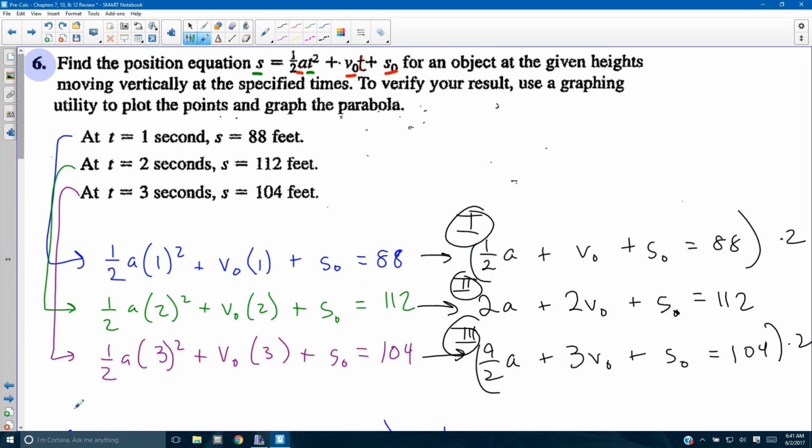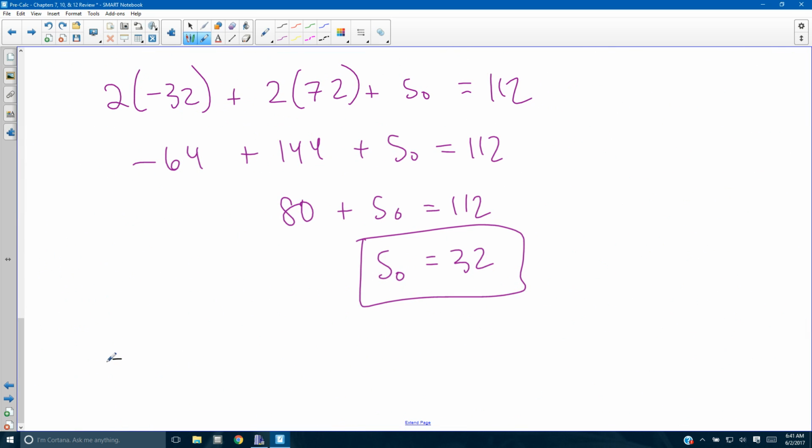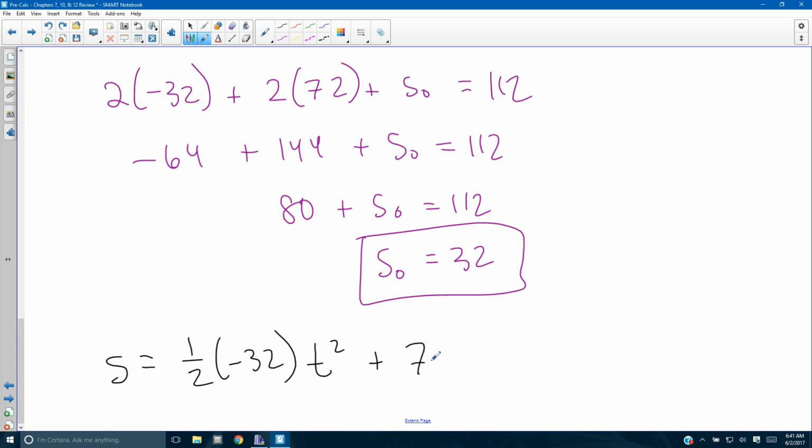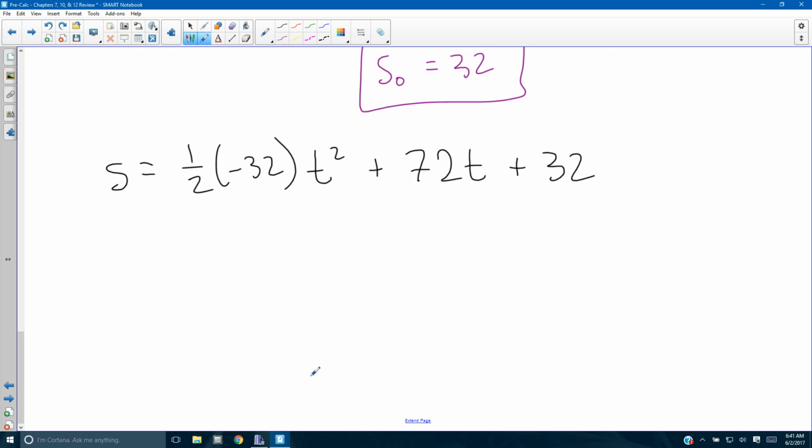So s equals 1/2 times -32 t squared plus v naught, so it's plus 72 times t, plus 32, which is s equals negative 16 t squared plus 72t plus 32.